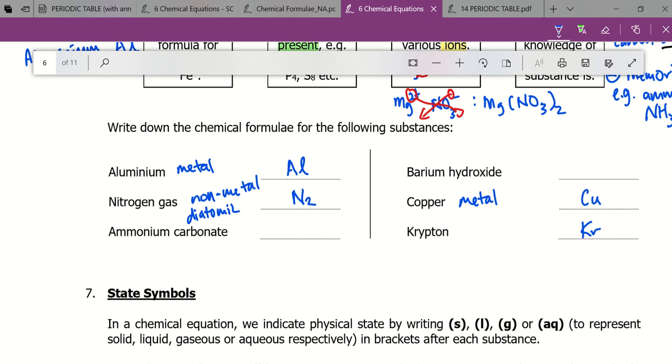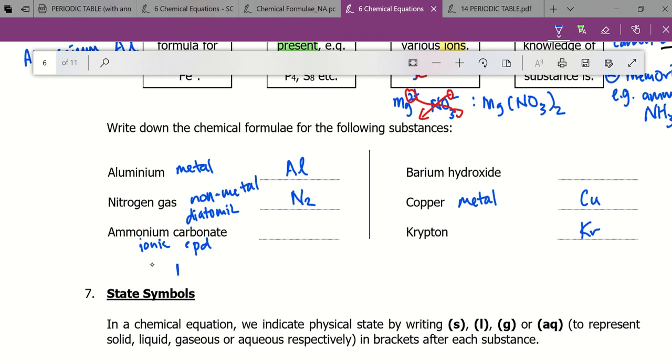The other two, ammonium carbonate. Okay, ammonium carbonate, this is an ionic compound. So it is made up of two ions, ammonium ion and carbonate ion.